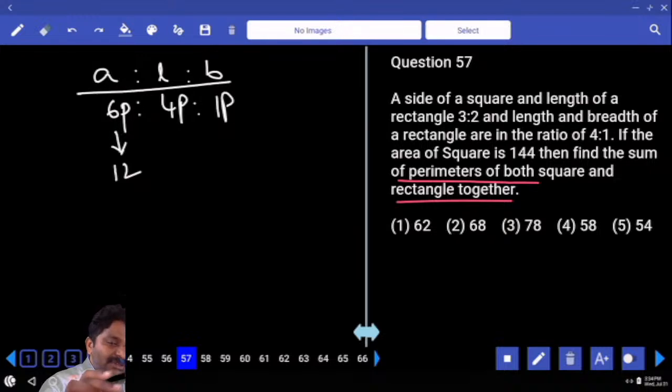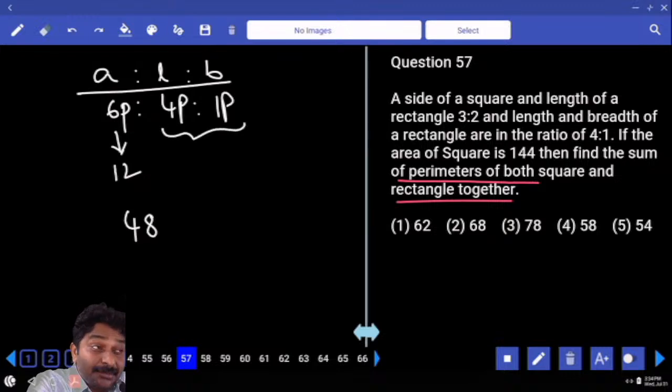Perimeter of the square, 4a. You know that a is equal to 12. Perimeter of the rectangle is 2 times of L plus B. L plus B is 5 parts. 2 times of it, 10 parts. What is 1 part? 2. Then 10 parts is 20. Then what is the sum? 68.